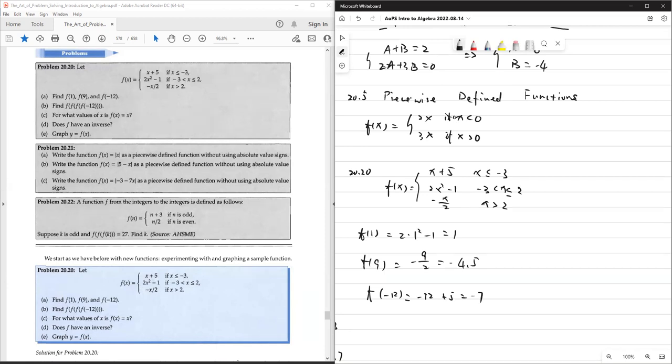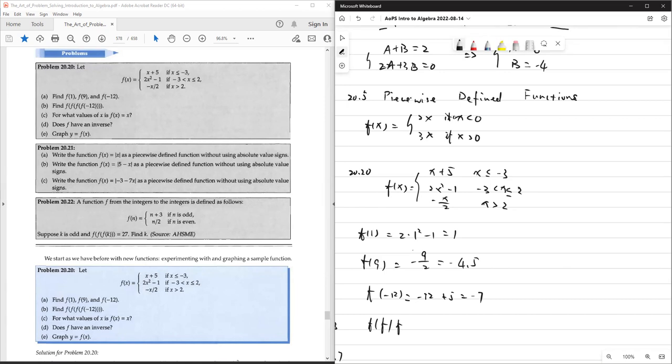You see, depending on the value of x, you pick a different rule to apply to the function. Okay, so that's the first part. And what is f of f of f of f of negative 12?